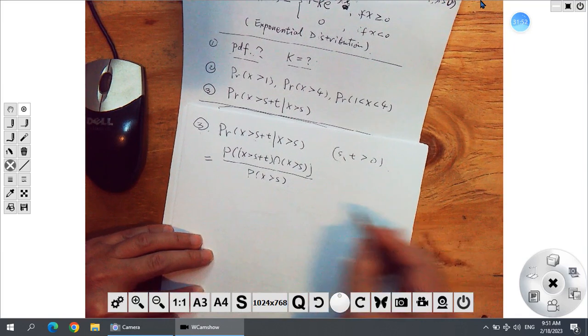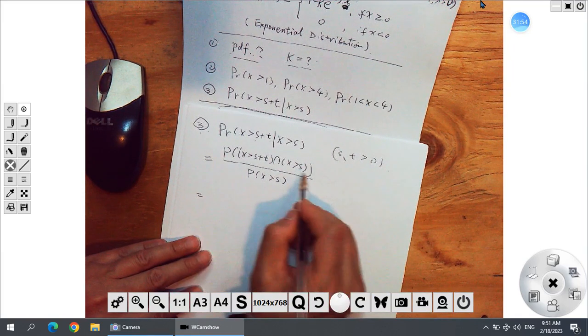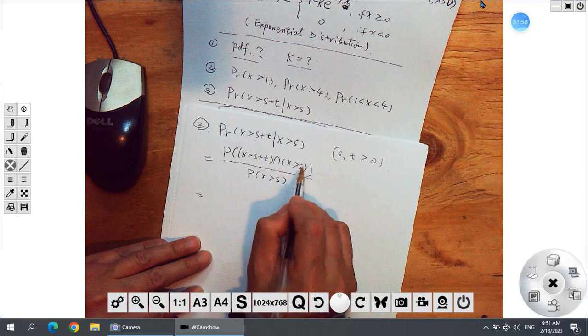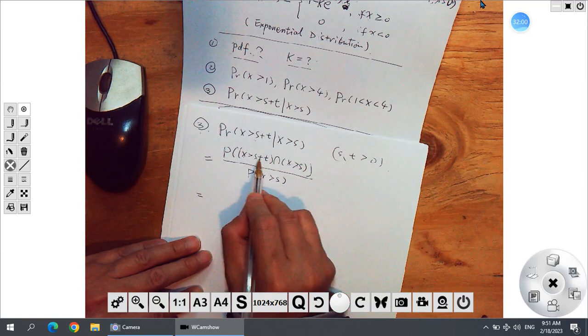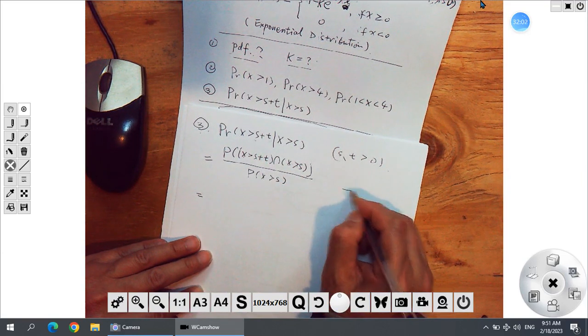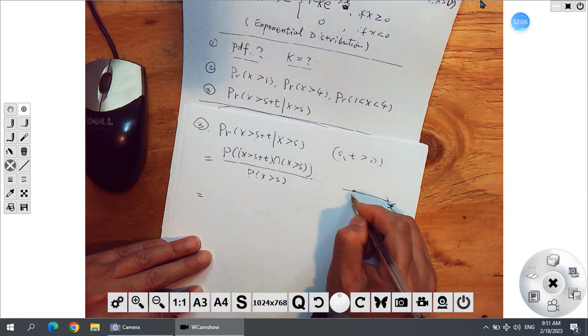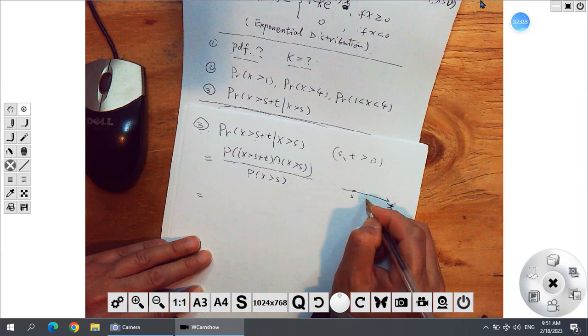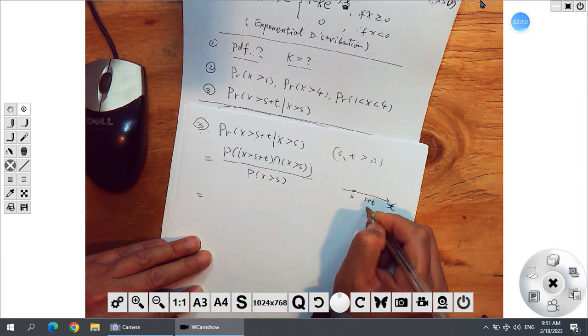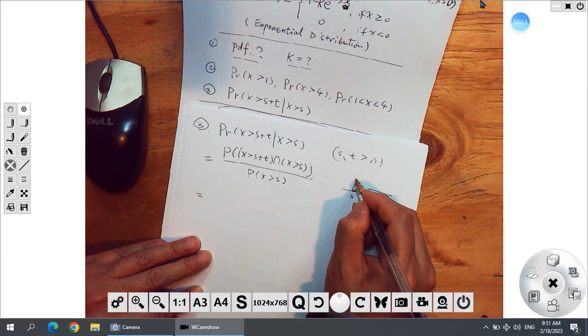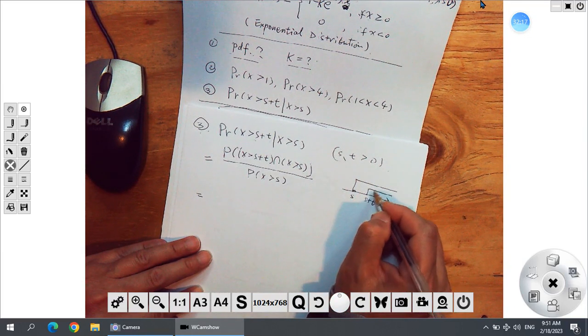Okay, then we do the calculation. Before calculation, I can simplify. X larger than s plus t and larger than s: the common area is just this part.